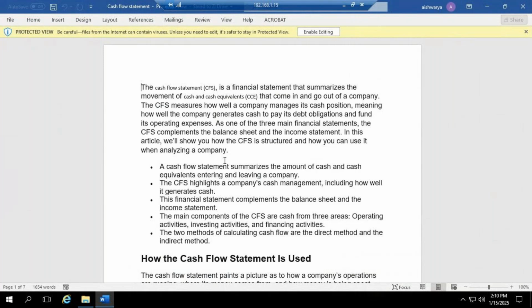You have to receive the money through cash and pay the money through cash, and only then do you record the transaction in the cash flow statement. All the money you receive through cash and all the payments you make through cash have to be recorded in this statement. Understood?